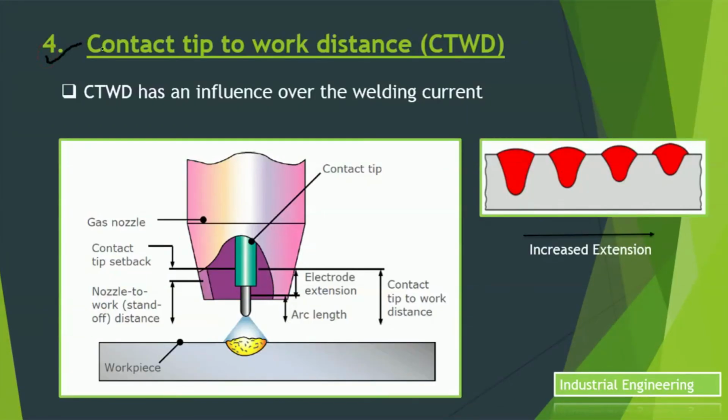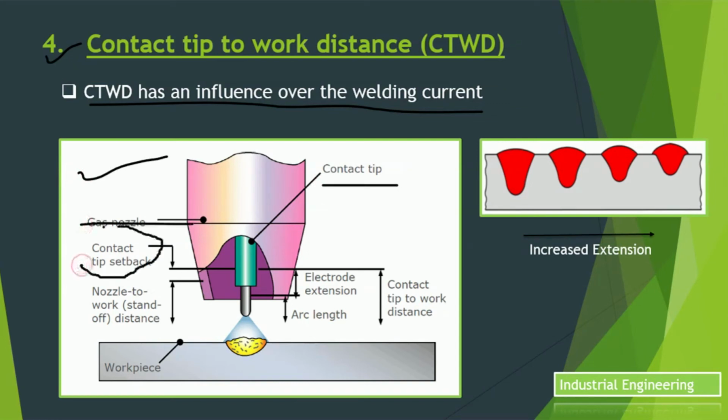So the fourth point is contact tip to workpiece distance. Friends, CTW has an influence over the welding current because of resistive heating in the electrode extension. So we need to understand this image first. This is the contact tip, gas nozzle, contact tip setback.